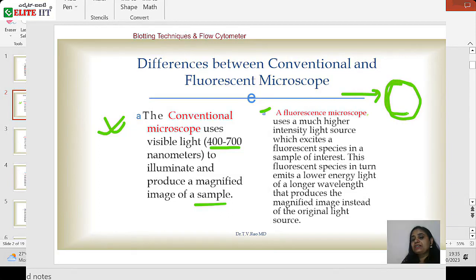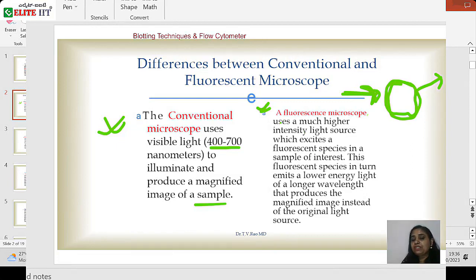After that, the fluorescent molecule will emit light of a separate wavelength. After this emission, you will get the image. So that is the difference. In the case of visible light, you just put the light on and get an image against that light. But in a fluorescence microscope, the source light will be different and the emission light wavelength will be different.